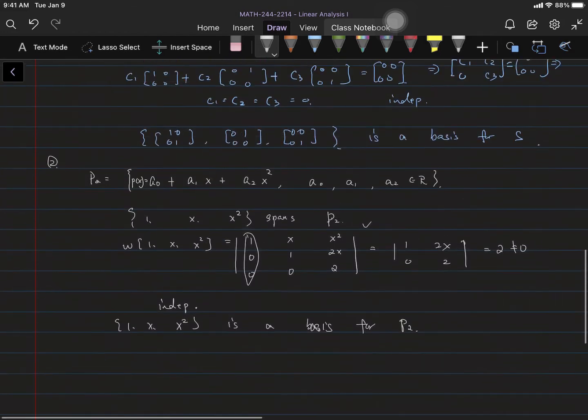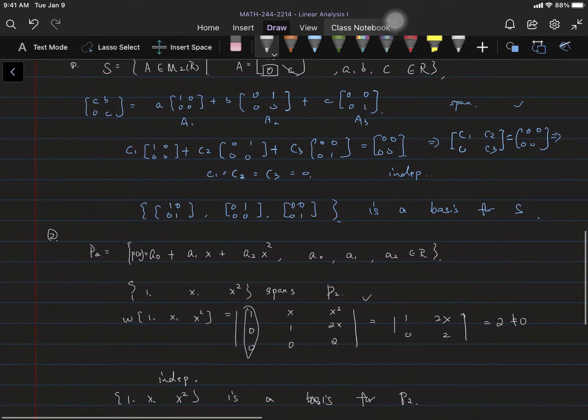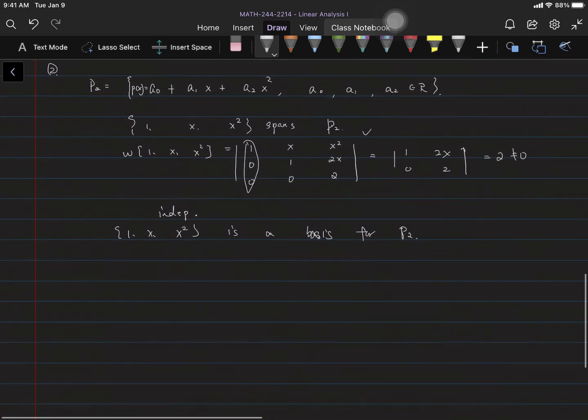Okay, so here we did 2 exercises, 1 example. Here I can give you a more general one. What's the standard basis for Pn? What is Pn?